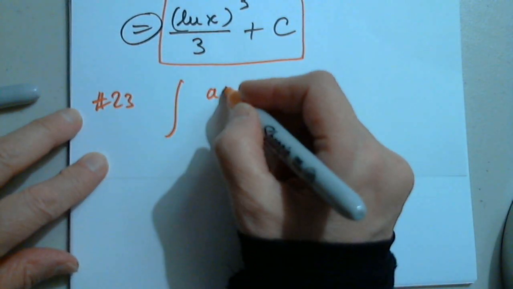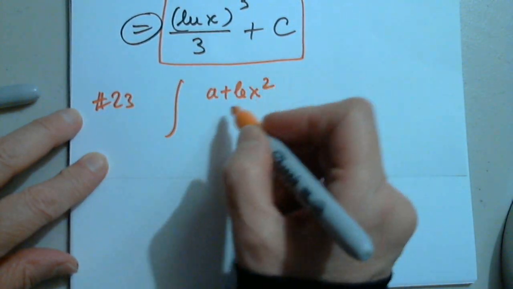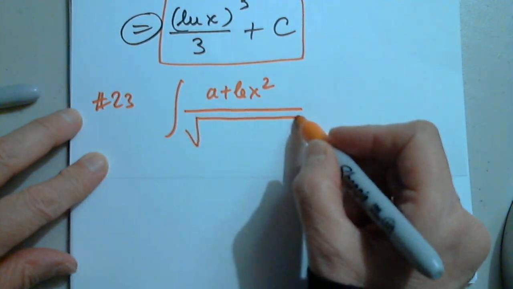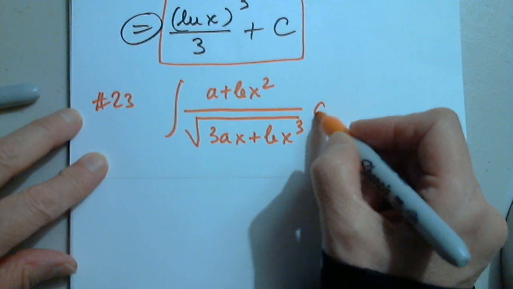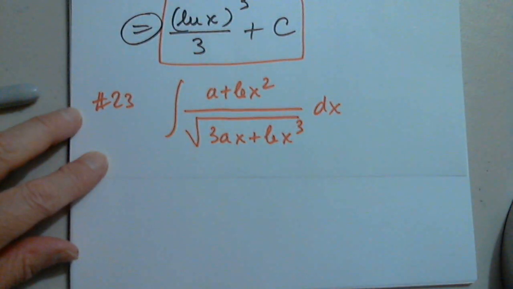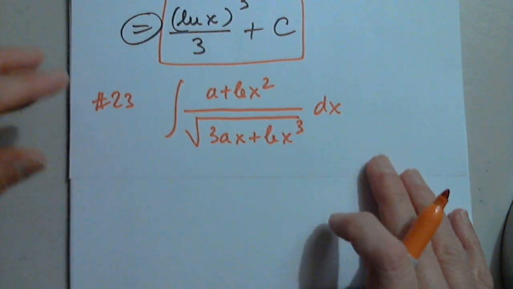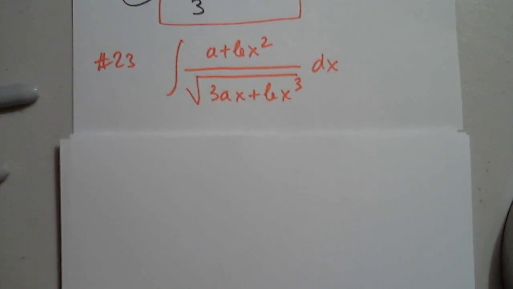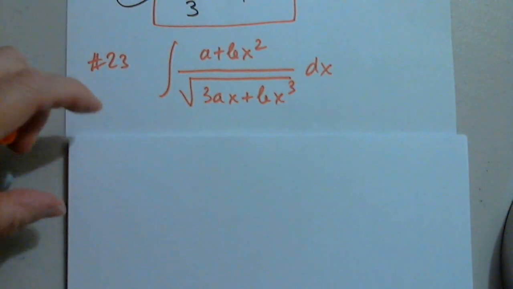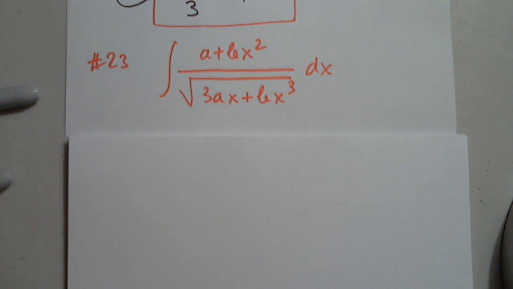The integral of a plus bx squared over the square root of 3ax plus bx to the third, dx. Perfect pick. I know this is not a scientific way of choosing, but it triggers your memory on what we just looked at.